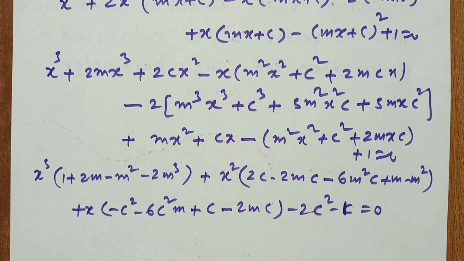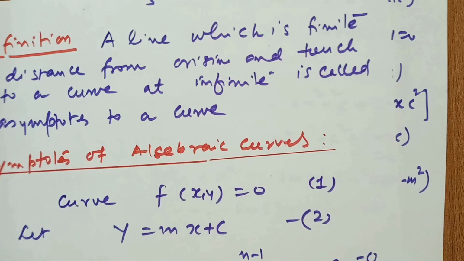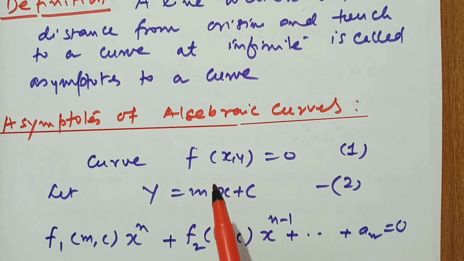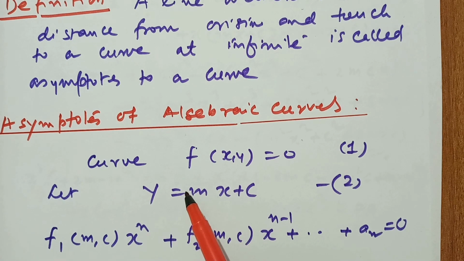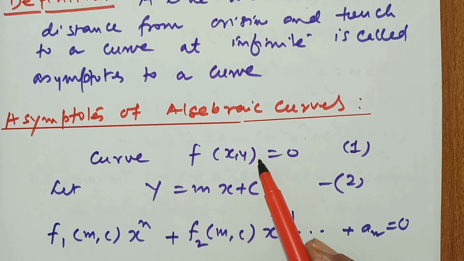Okay. So as we explained, what is the working rule? This is a curve and suppose this is an asymptote. First we will put y is equal to mx plus c in the given curve.